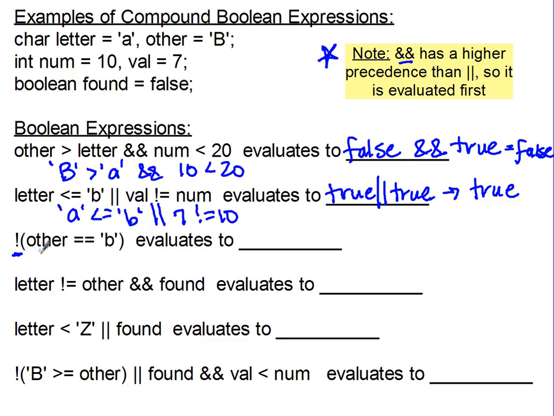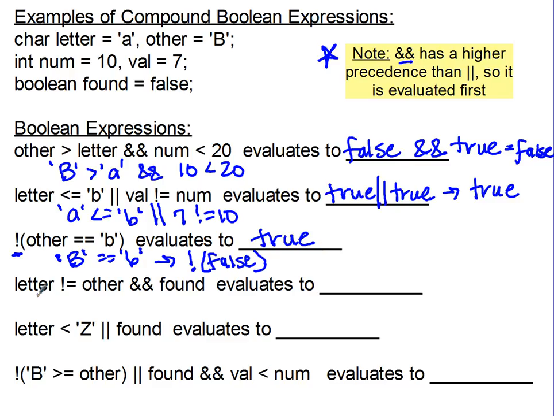Notice I have my parentheses, so I have to evaluate what's inside the parentheses first. So is capital B equal to lowercase b? And the answer to that would be false. But I have my NOT on the outside, so NOT false is true.